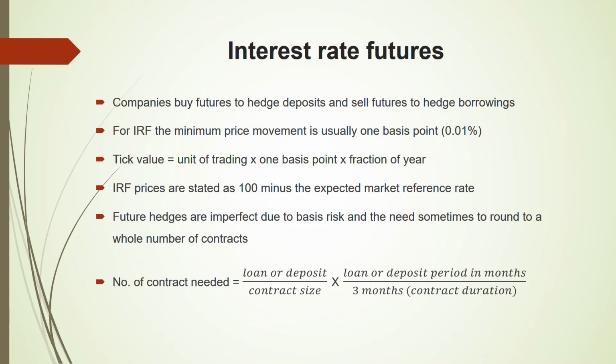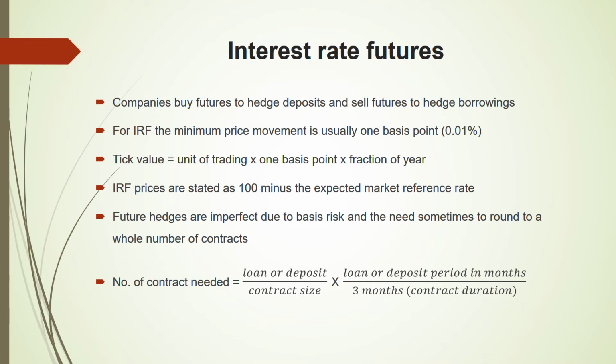So number of contracts, whether it's loan or deposit, the amount will be given, divided by contract size. Contract size also will be given to you. Into, so that into part was not there in our currency risk management. But here we have for interest rate future. That fraction is the second thing, which is loan or deposit period in months divided by 3 months. That means the borrowing is for how many months?